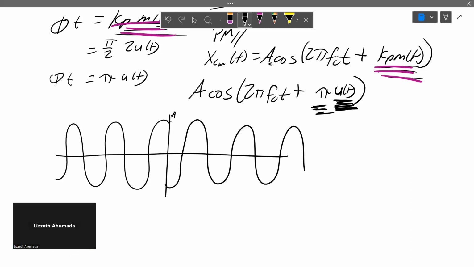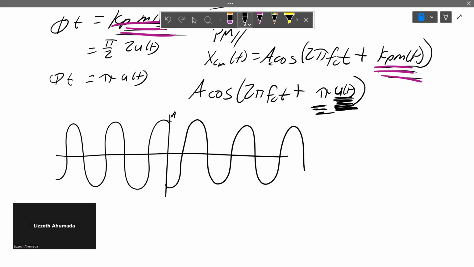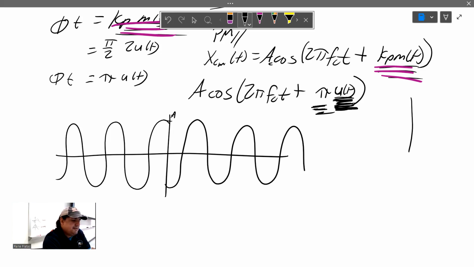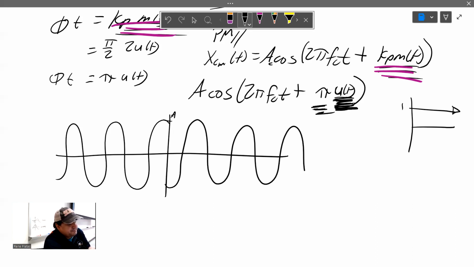So why is it only when it hits 0? Because that's what the u(t) means. u(t) is this right here, the square looking one. It's called the unit step function. Have the output of the signal if u(t) was 1. You wanna try that? I have that drawn down.